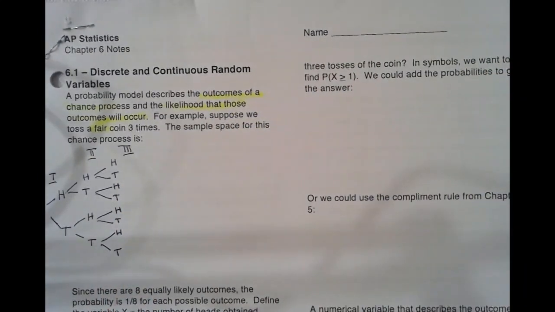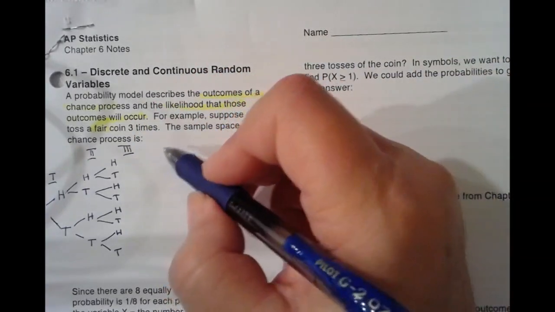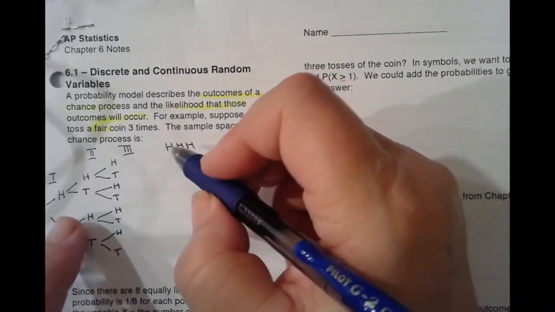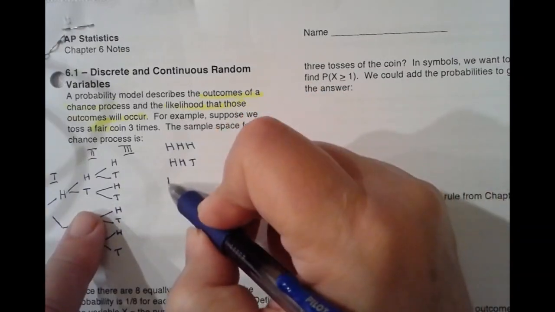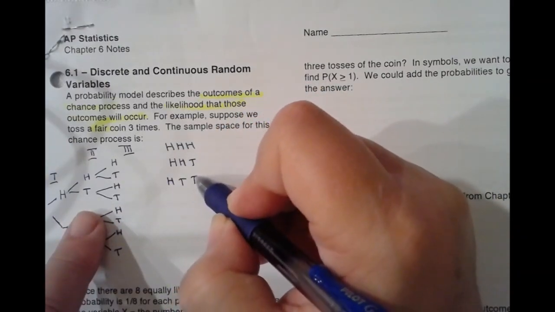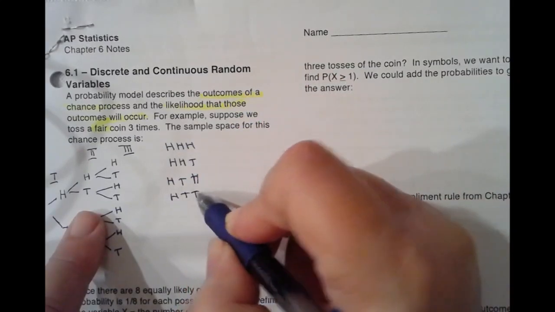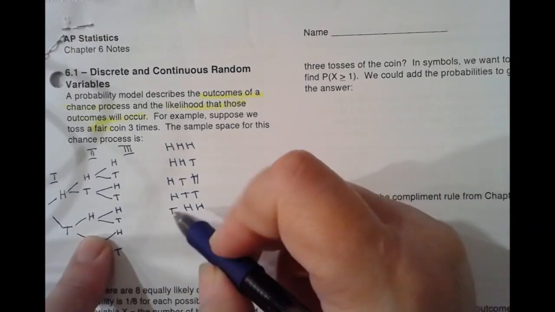So if I'm listing all possible outcomes, my first choice would be heads, heads, heads. Then heads, heads, tails. Then heads, tails, heads. Heads, tails, tails. Tails, heads, heads.